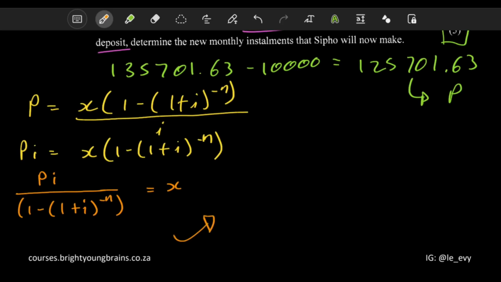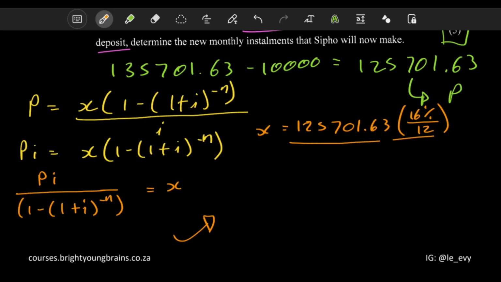So working out the value of x, you're just going to throw in your p of 125,701.63, and your interest is just 16% over 12.